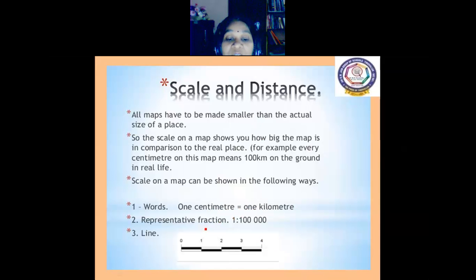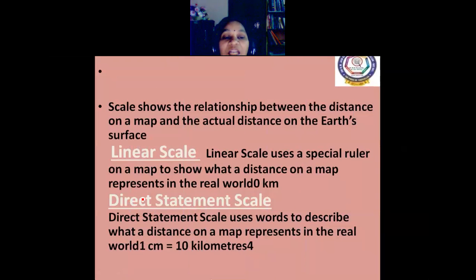In representative fraction, 1 is to 1, tens, 100, 1000, 10,000 and lakh, 1 lakh. See the line, how it shows. Scale shows the relationship between the distance on a map and the actual distance on Earth's surface.